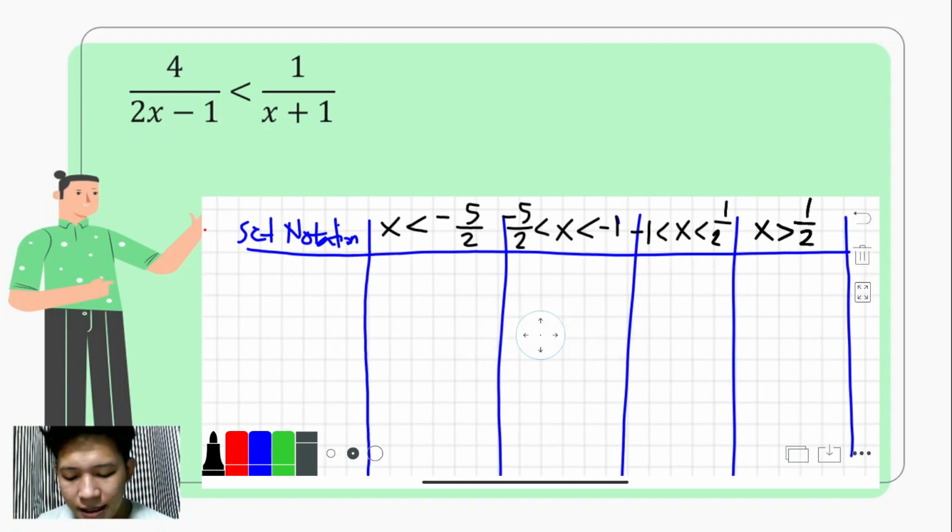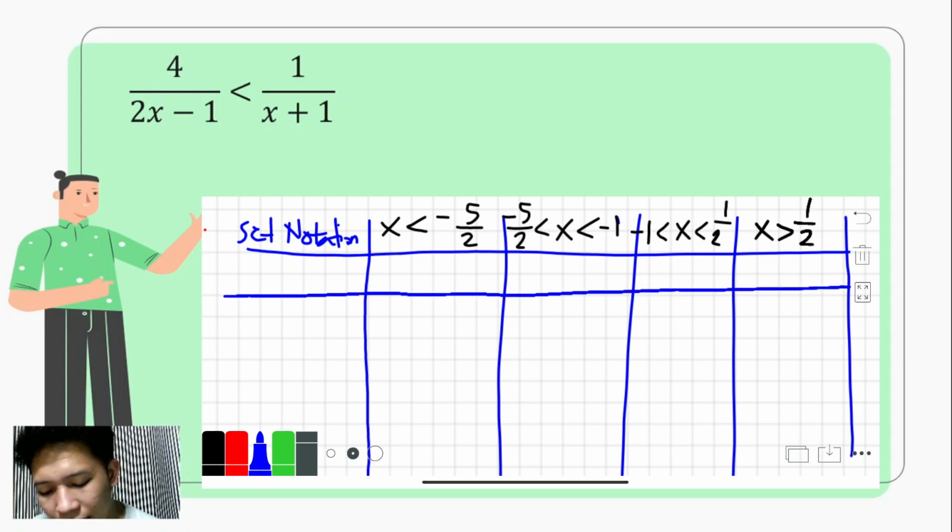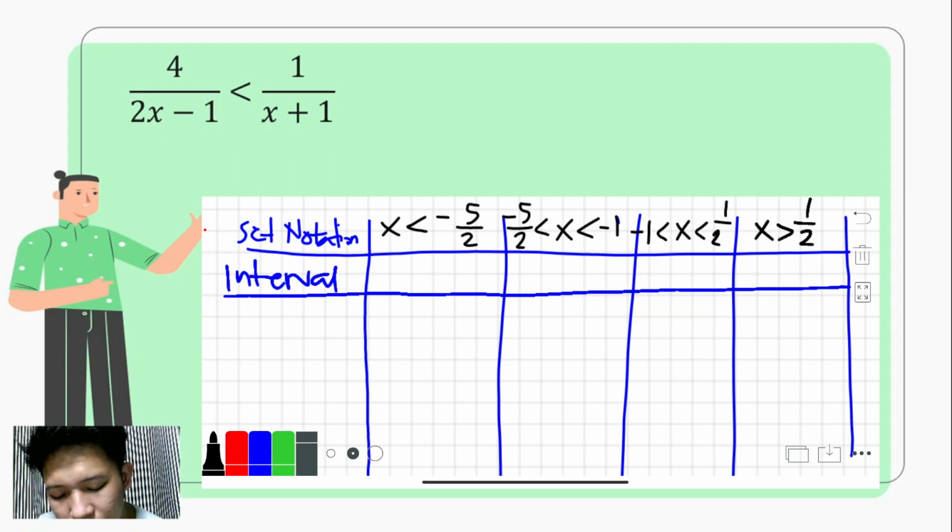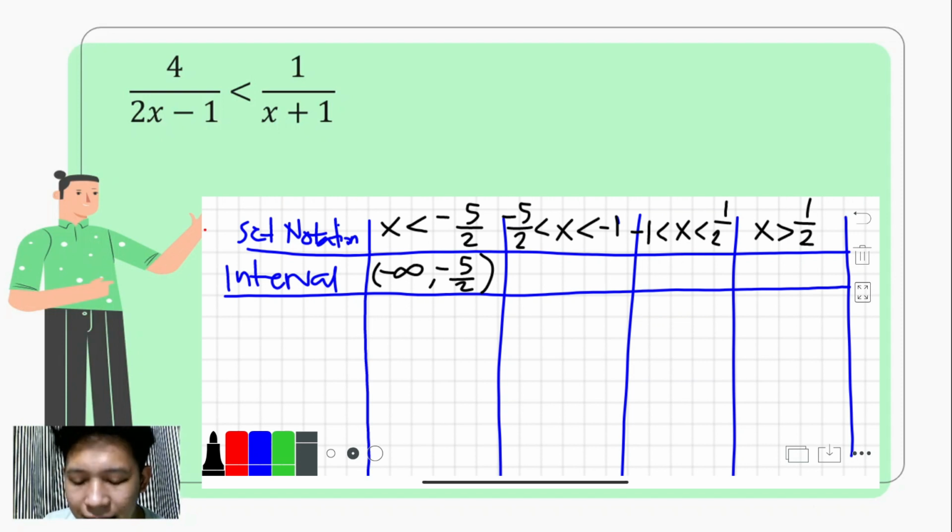And then, next row would be all about our interval. Okay? So, the interval would be, since this is x is less than negative 5 over 2, then that would be what? That would be from negative infinity to negative 5 over 2 parenthesis kasi less than lang naman. Okay? Next is that we have x is greater than negative 5 over 2. So, mula kay negative 5 over 2 parenthesis, papunta kay negative 1 parenthesis din.